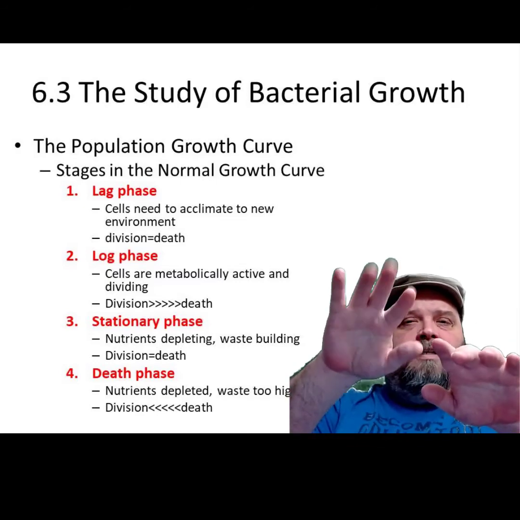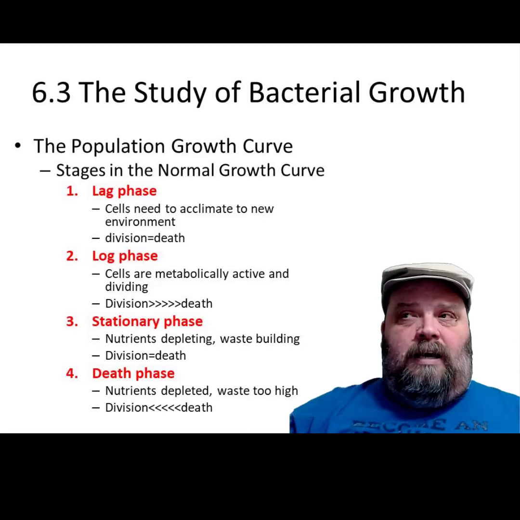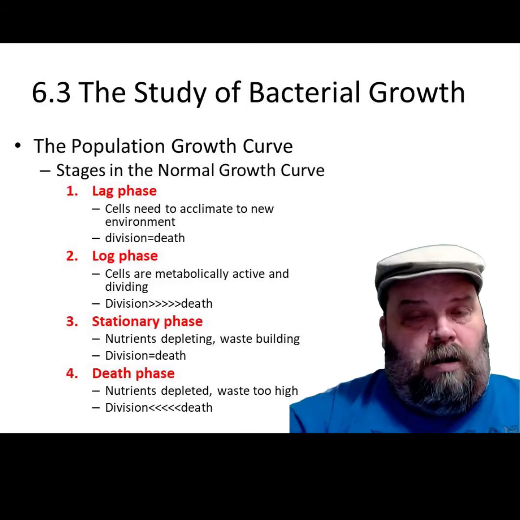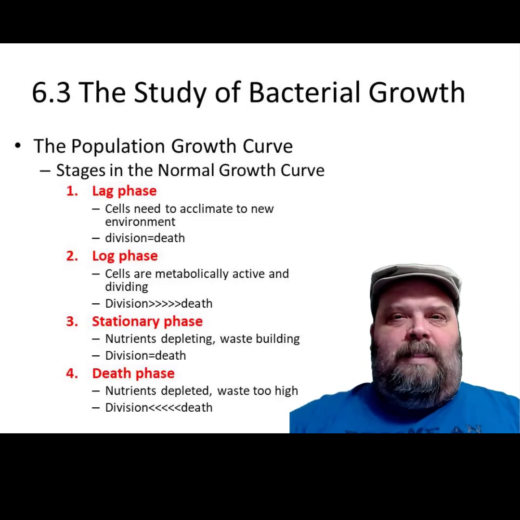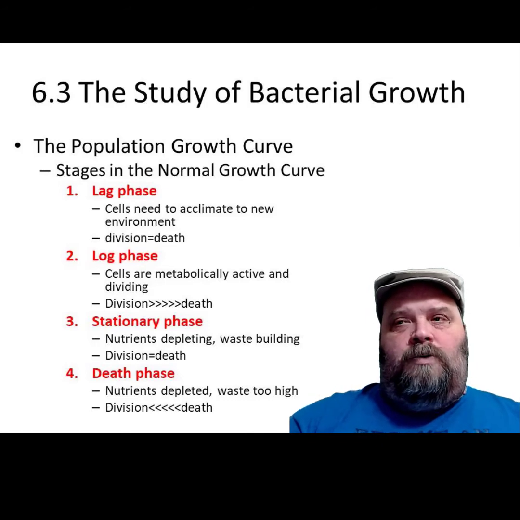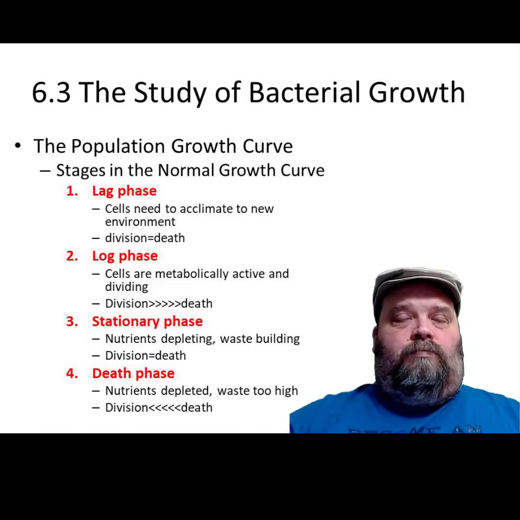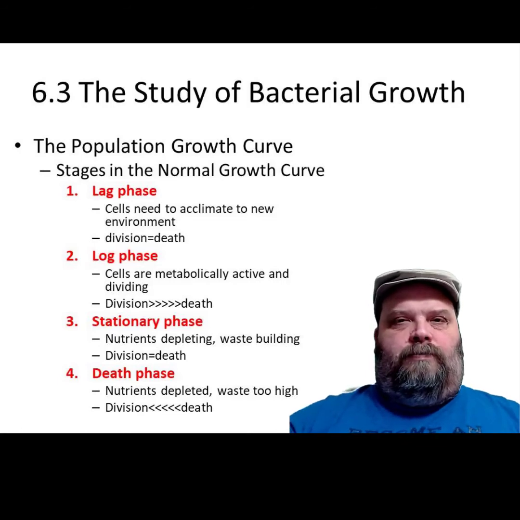For every cell that's dividing, there's a cell dying. Now, keep in mind, the population numbers are in the trillions, 10 to the 10th, 10 to the 11th. You started out with maybe a few hundred, and you're now a billion-fold higher, a trillion-fold higher.